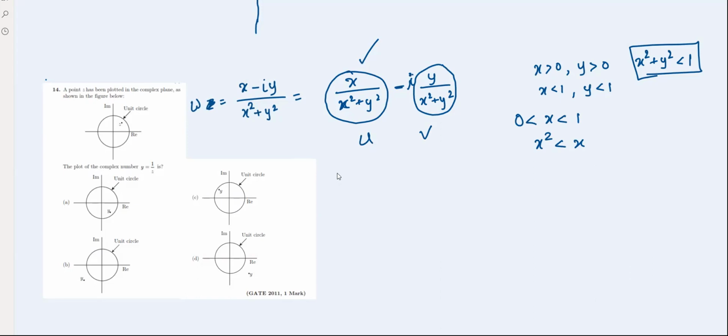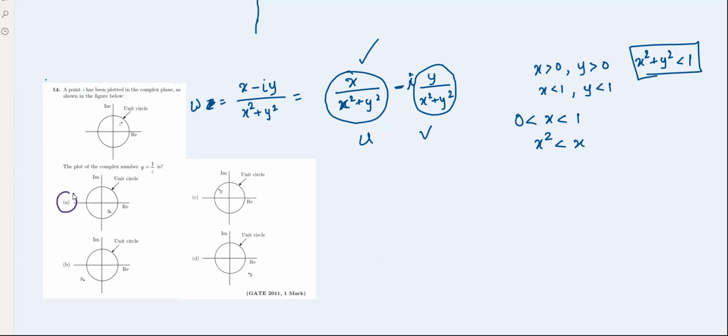So there are two options here. This is one option. Positive, no, x is positive, the u is positive, v is negative. So you have two possibilities.